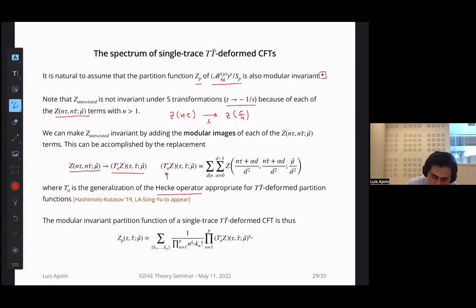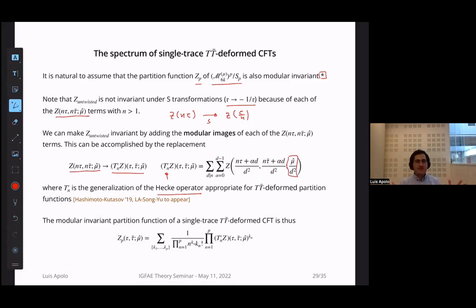So the usual Hecke operator is defined in this way, but because TTbar deformed CFTs have this additional deformation parameter, and because of the modular transformation properties, we also need to include this additional term in the definition of the Hecke operator.